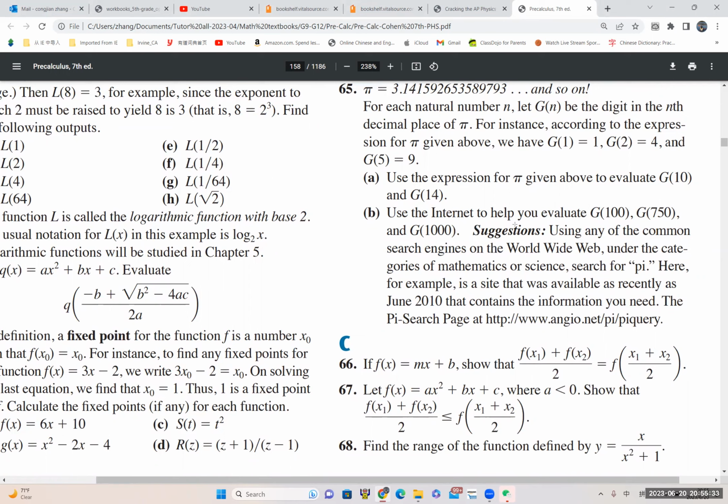B. Use the internet to help you evaluate. Suggest using any of the common search engines under the category of mathematical sites for pi, for example. The pi search page at Angel. Okay, anyway, are you guys interested?